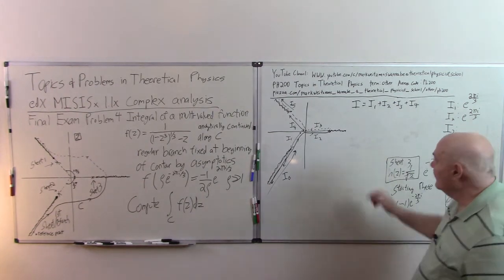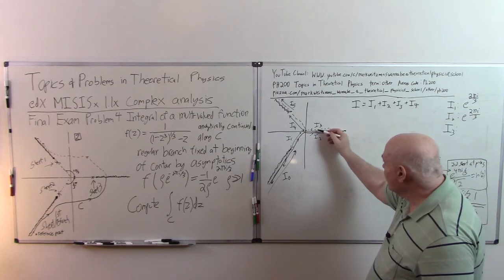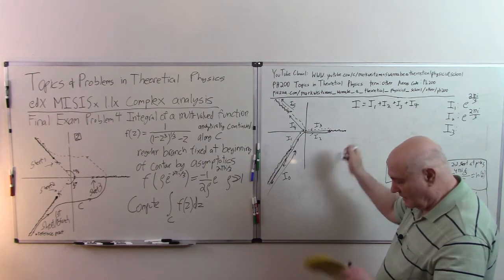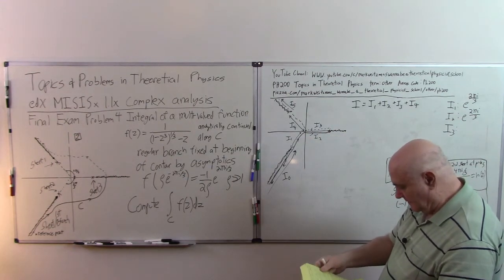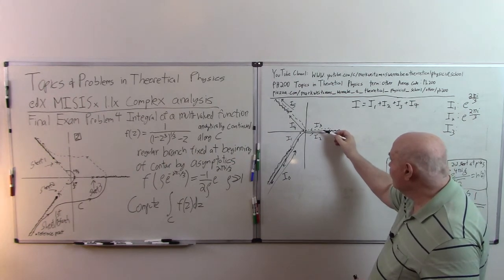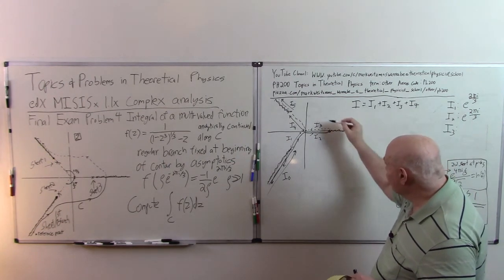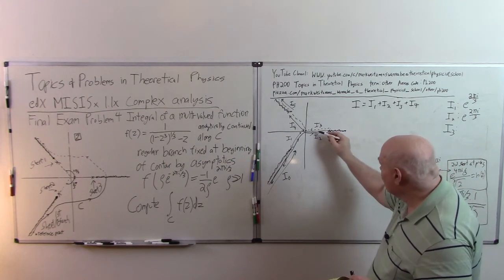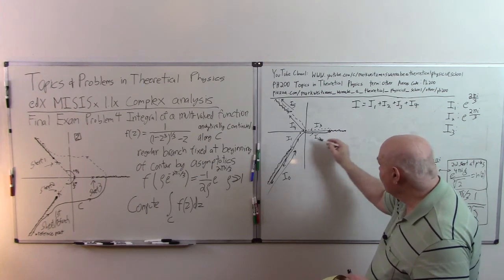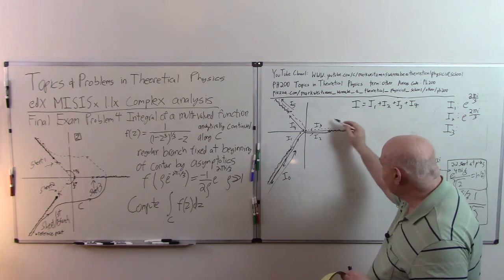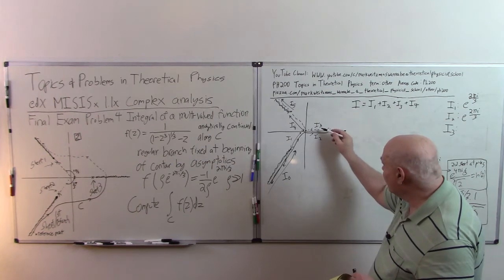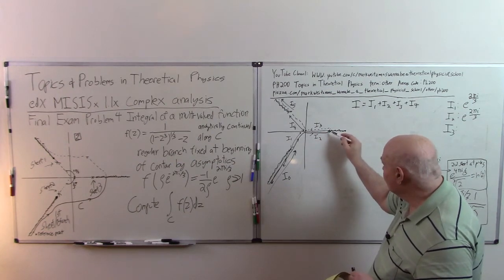Now for I3, it's the same thing as we did before. When we're on one of these points, we end up having to rotate by an additional 2 pi. Instead of going from like here to here, we're going like that, so we get an extra 2 pi contribution to this phase.